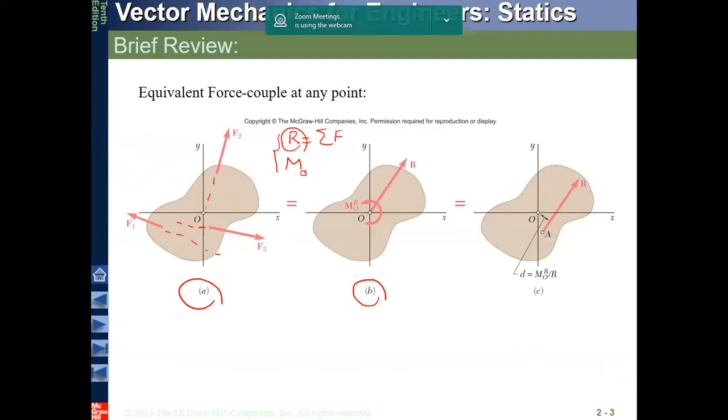So this is a general rule. For rigid bodies, you can always do this.